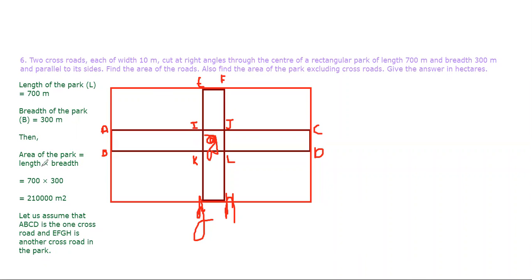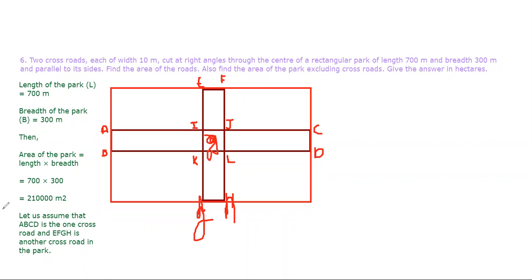Now the area of the park is length into breadth, that is 700 into 300, that is 210,000 meters square. This is the area of the park. We have found out the area of the park.